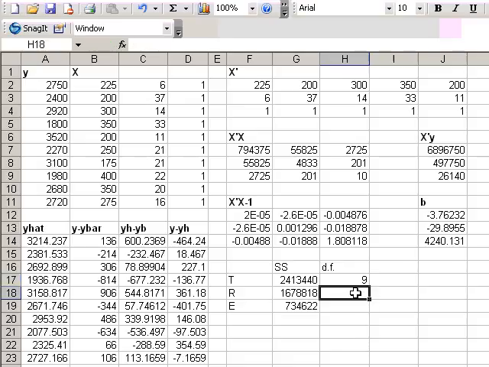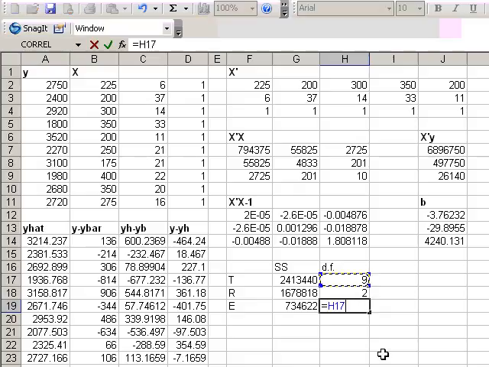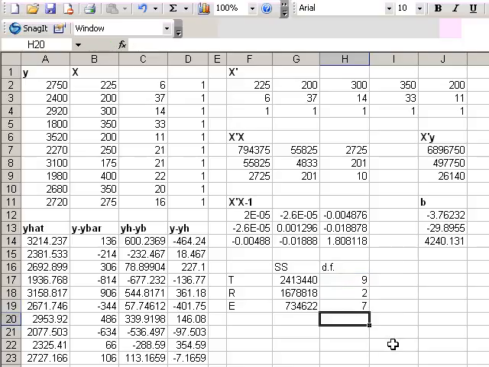There are 2 regression coefficients, so the degrees of freedom for regression are 2, and the error degrees of freedom are equal to the total degrees of freedom minus the degrees of freedom due to regression. So this is equal to total degrees of freedom minus the degrees of freedom used in regression.